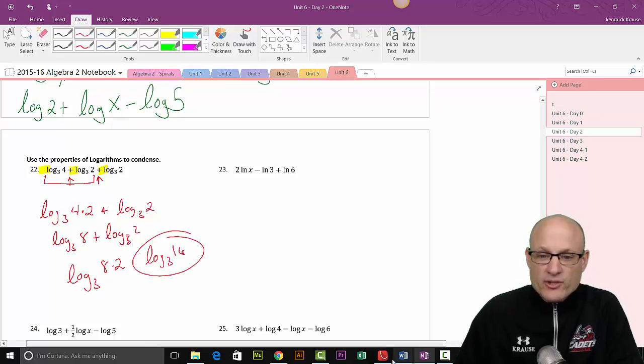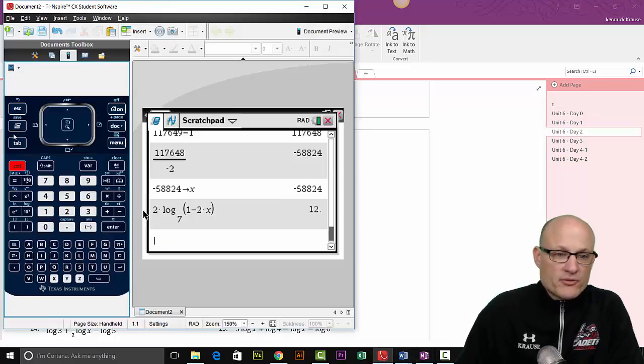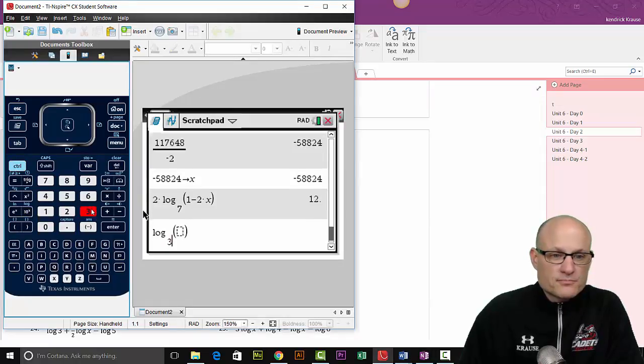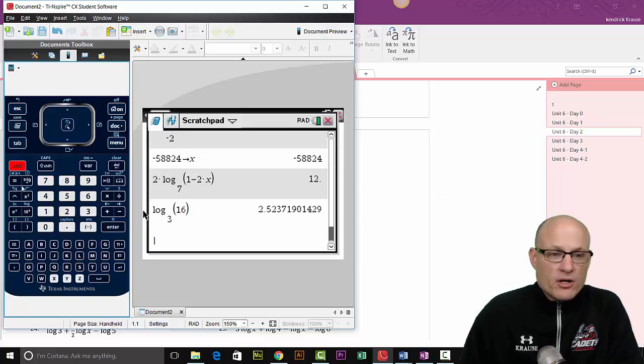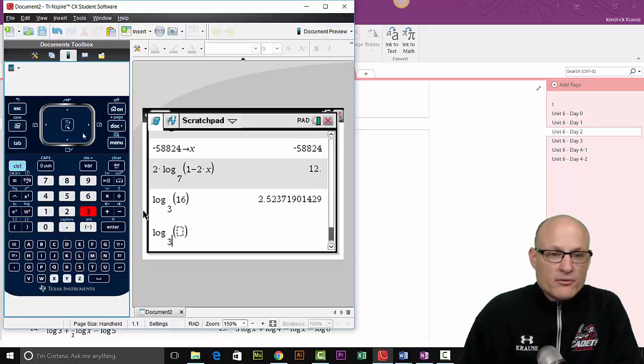Now, there's a cool thing. We can check this. Let's just do log base 3 of 16. Get some answer. And then we're going to do log base 3 of 4 plus log base 3 of 2 plus log base 3 of 3.